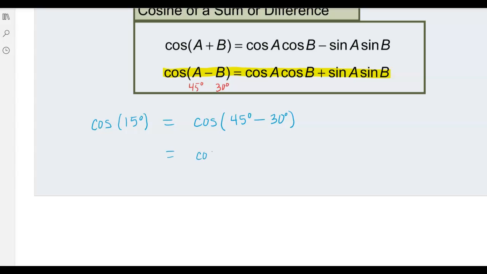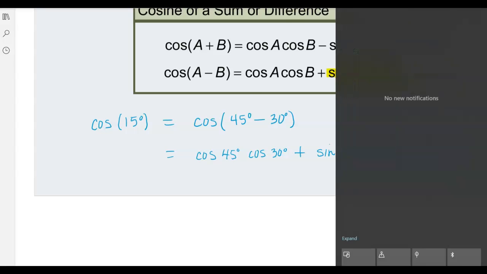So we'll have cosine of 45 degrees multiplied by cosine of 30 degrees. That's the first part of the formula. And then we'll add the sine of 45 degrees times the sine of 30 degrees. That's the second part of the formula here.